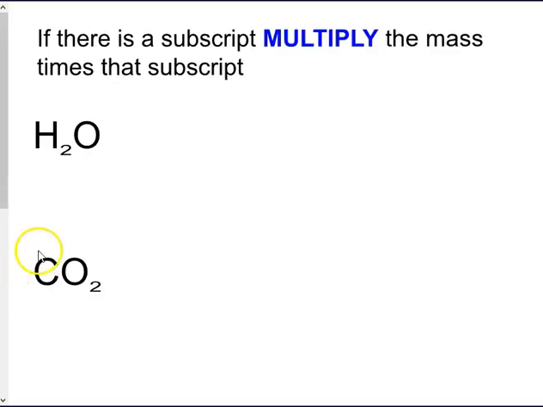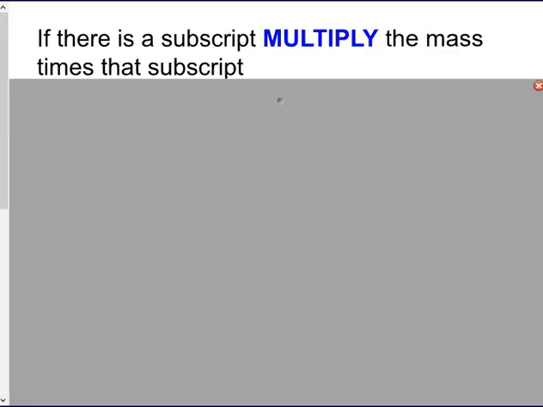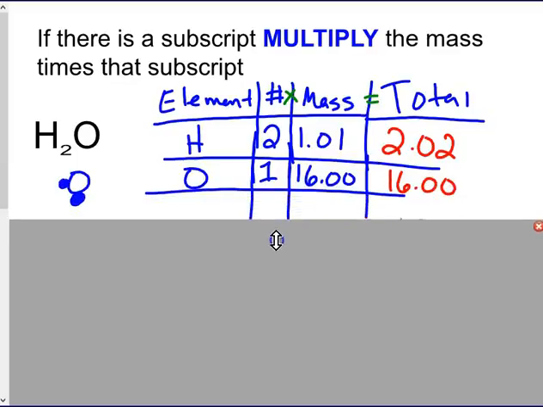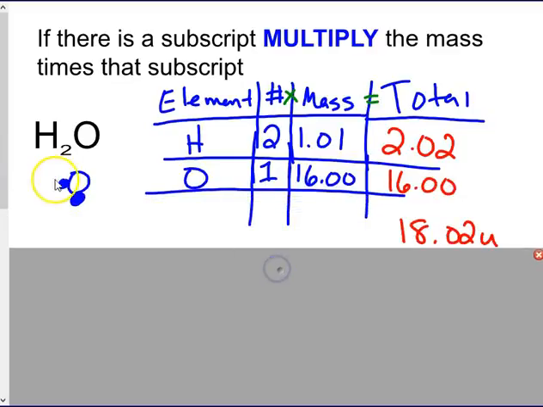So go ahead and set up your table again. This time, on my table, I'm going to have element, the number of times that element appears, the number of atoms of that element in my compound, the mass, and the total. So, for example, for water, water has 2 hydrogens and 1 oxygen. So I put hydrogen and oxygen here.